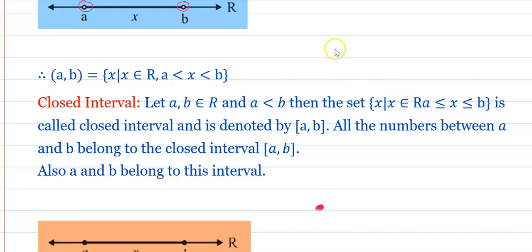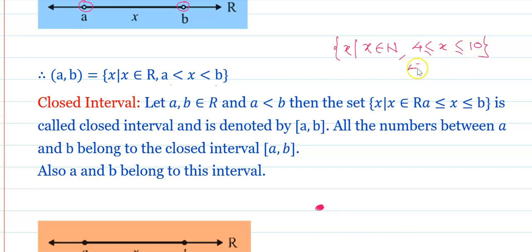Now again I will write one more set. It is {x : x belongs to the set of natural numbers and the value of x lies between 4 and 10}. In this case, what are the elements?